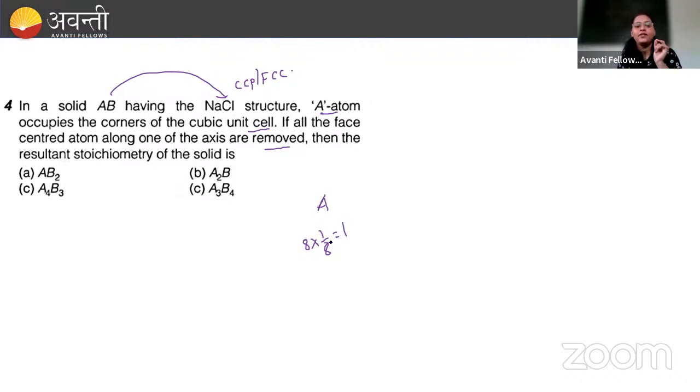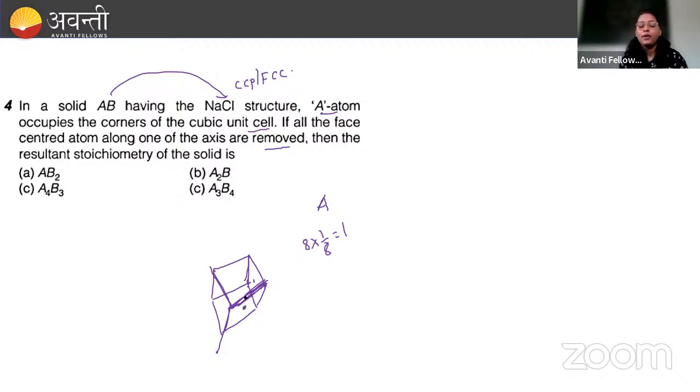If all the face centered atoms along one of the axes are removed, suppose this is our crystal unit cell, along one axis, हमारे जो फेस पे प्रेजेंट एटम्स, दे आर रिमूव. Suppose this is one axis, we know x, y and z axes, ये एक्सिस अगर हम लोगों ने कंसिडर किया तो यहाँ पे ये एक फेस आती है और ये एक फेस आती है.